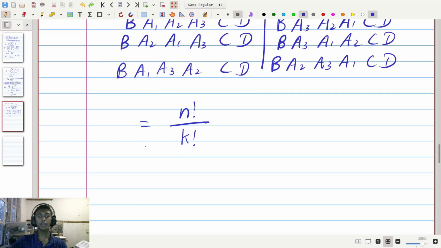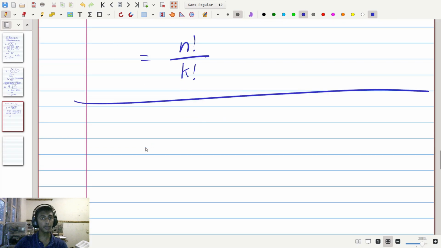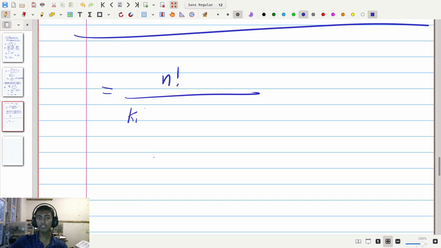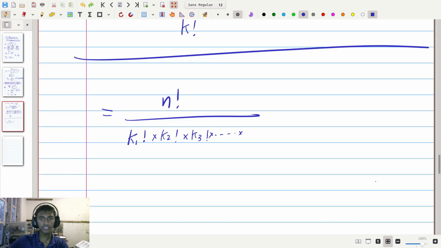So in general, if we have a certain number of duplicates of individual elements, let's say the number of duplicates of the first element is K1, the number of duplicates for the second element is K2, the number of duplicates for the third element is K3, and so on, then our total number of permutations would be the total number of permutations if every single element was unique, as in n factorial, divided by the total number of duplicates of the first element, which is K1 factorial, times K2 factorial, times K3 factorial, multiplying all the way through, and we'll call this last K the K last factorial.